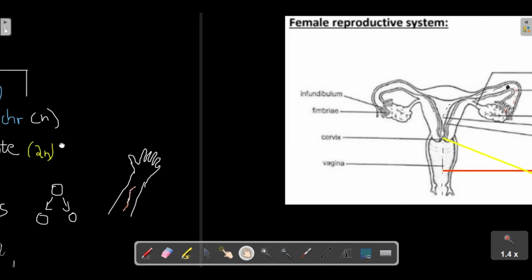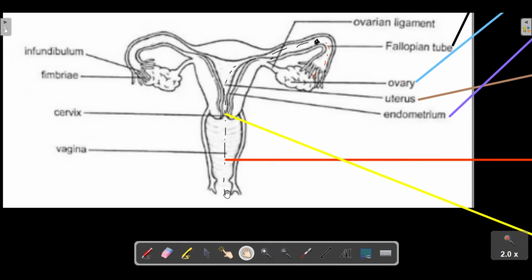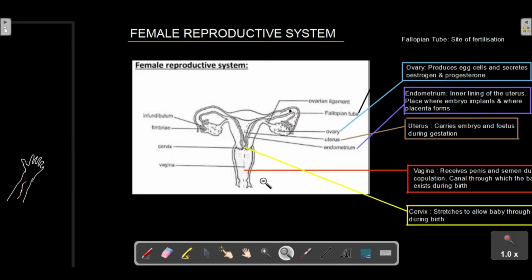Well, it turns out that the vagina has high acid content. And so that means that when the sperm cells are moving up the vagina, they are going to get killed because of this high acid content, guys. And so we need a fluid that will travel along with these sperm cells, which is the fluid in the semen, which will neutralize this acid in the vagina so that we prevent the killing of the sperm cells.